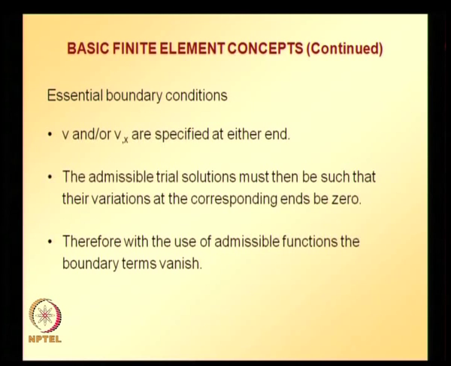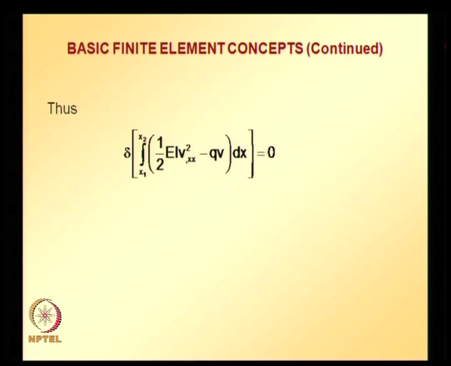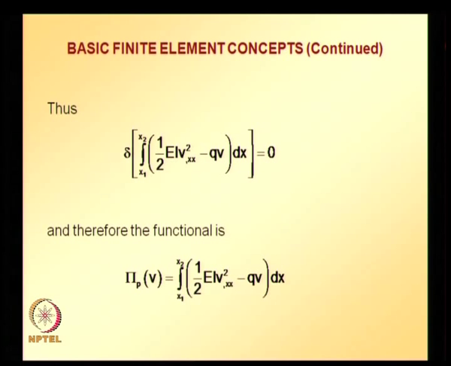Therefore, with the use of admissible functions the boundary terms vanish and the equivalent functional becomes this one. And whatever is inside the variation is nothing but the potential energy functional, which is only applicable when essential boundary conditions are specified at both ends.